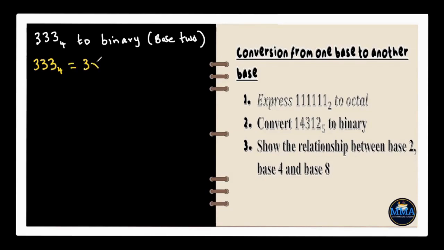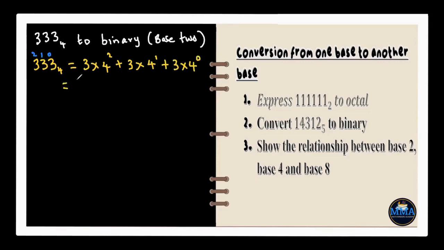And it will give us 3 times 4 raised to power, if we drop 0 here as the power of 4, this is 1 and this is 2. So this is going to give us 3 times 4 raised to power 2 plus 3 times 4 raised to power 1 plus 3 times 4 raised to power 0.